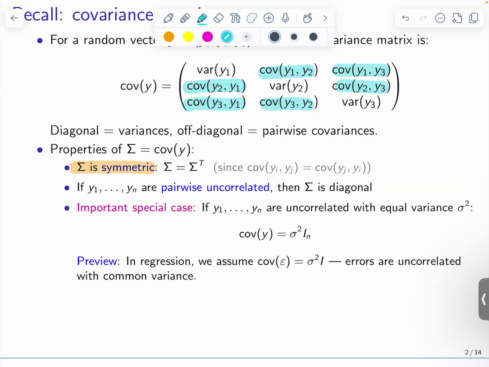An important special case is if they're all pairwise uncorrelated and have equal variance.